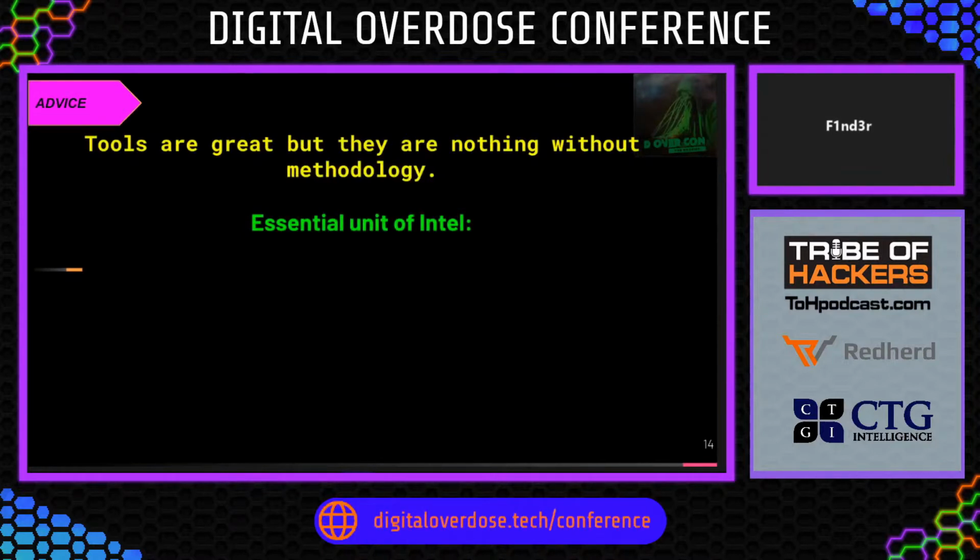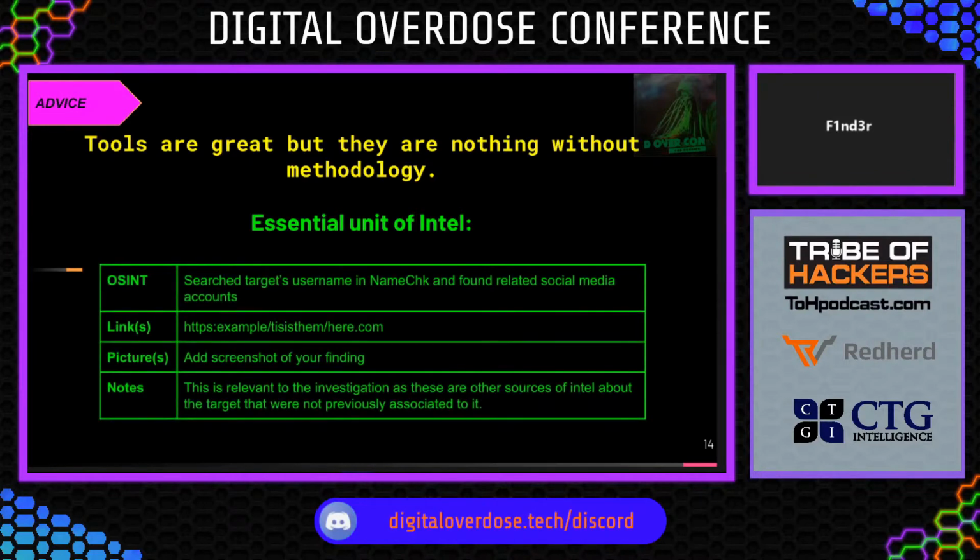I like to think about the essential unit of intelligence. This is particularly useful if you decide to do any CTF. The essential unit of intelligence for me is the minimal expression of the intelligence gathering. So in the OSINT section of your report, you put what I did to find this intelligence was this.